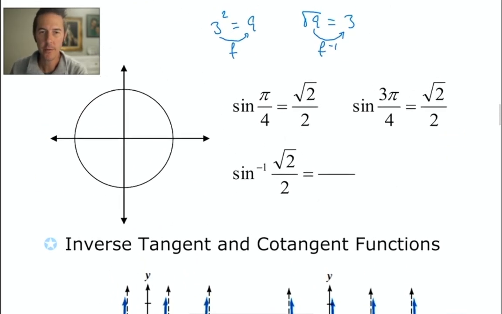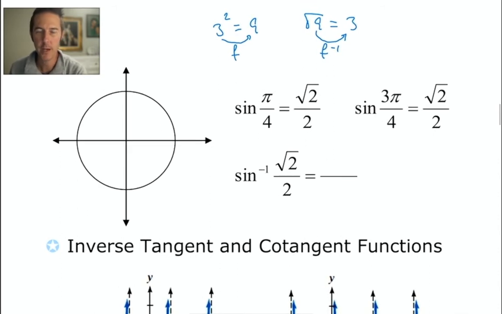So following this 3 squared equals 9, root 9 equals 3 conversation, if the sine of pi over 4 equals root 2 over 2, if that's going forwards, right, from the domain to the range, if that's the original function, and now we're working with the inverse function, and we're going from the range, that's a negative 1 there, fix that.